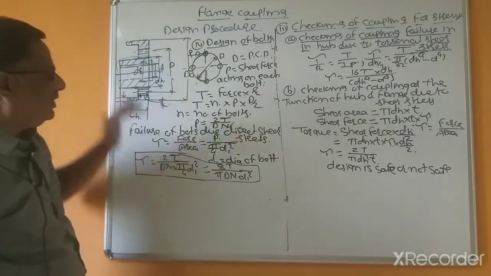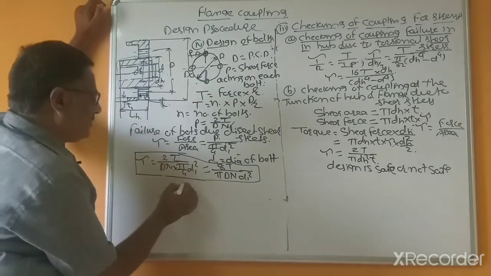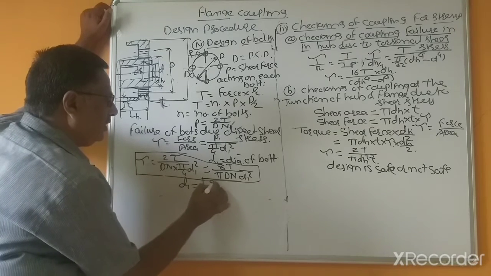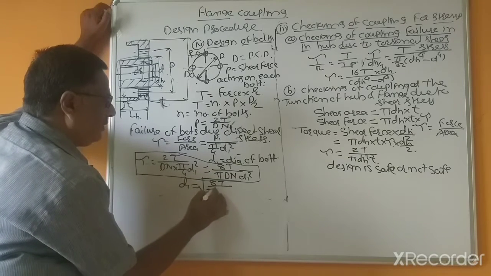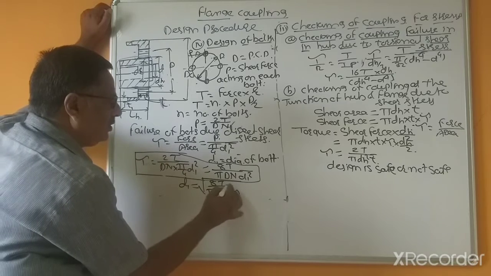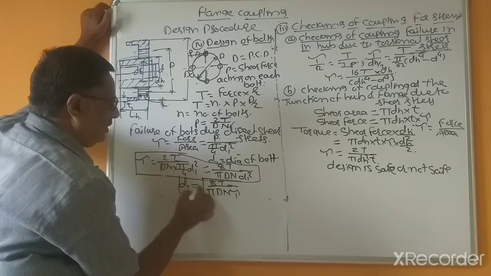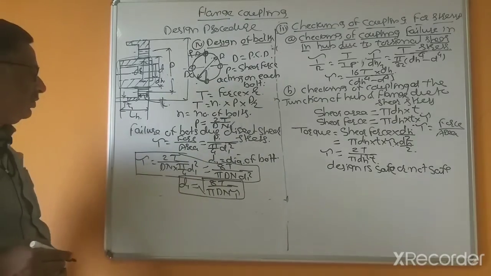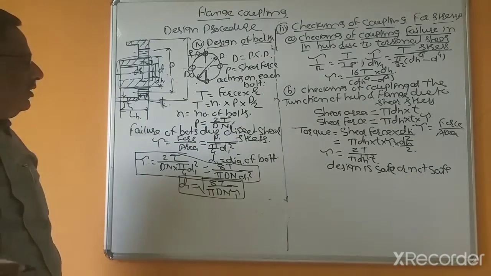By using this equation, d1, the diameter of the bolt, equal to under root 8T divided by pi D N into tau, and this is an important relation for the diameter of the bolt, right?